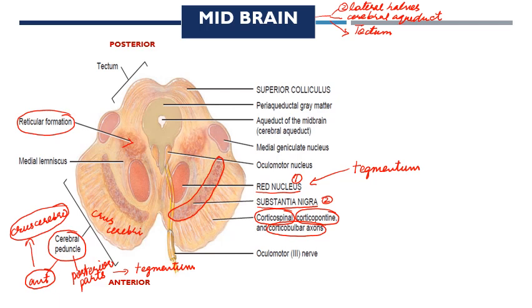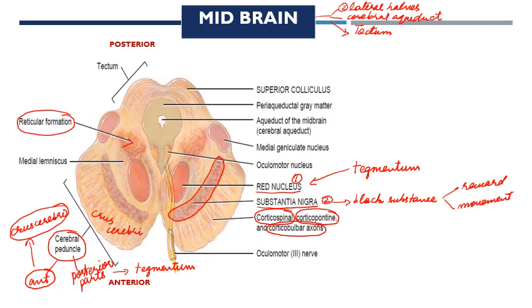The substantia nigra is called the black substance of the midbrain, and it plays a role in reward and movement.